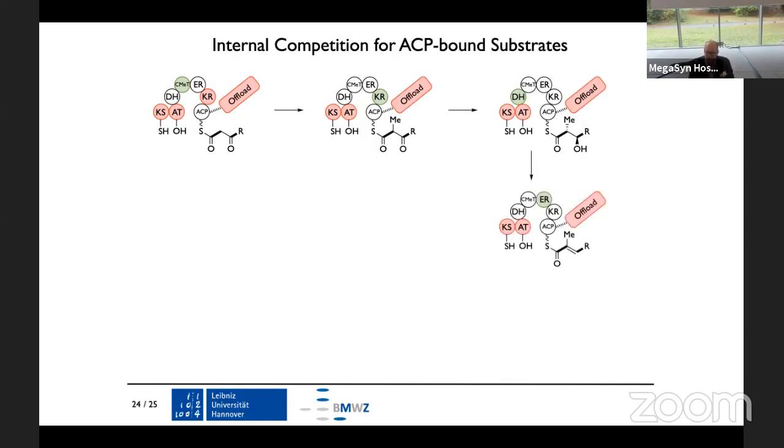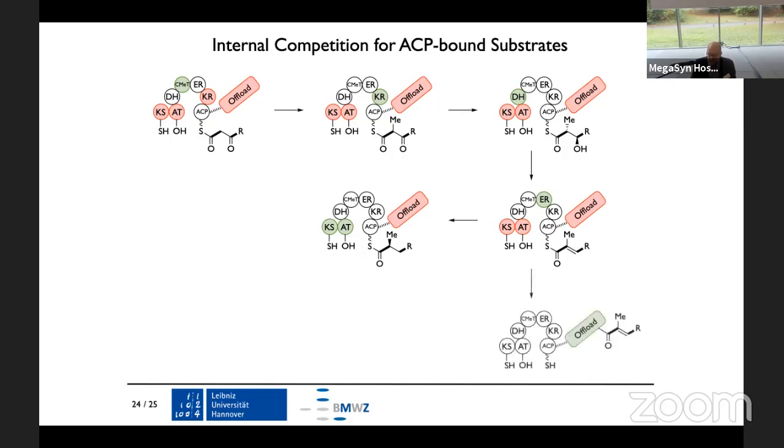It pretty well takes what it's given as long as it has the right stereochemistry. The DH is going to make this enol compound. And of course, if the enol reductase recognizes that, then that can be reduced. If the enol reductase doesn't recognize that, as we see in the squalestatin system, then the compound is blocked. It can't go forwards in the program. And it's just sitting, waiting on the ACP for some offloading process to release it from the system.